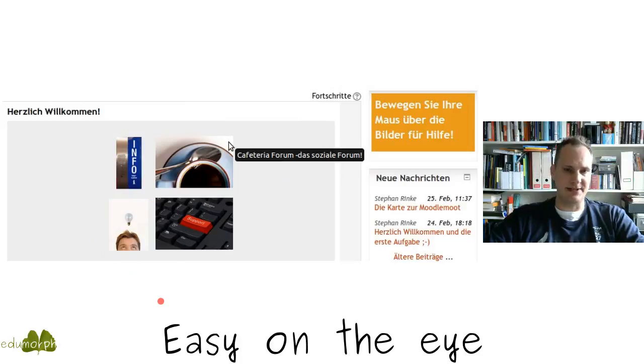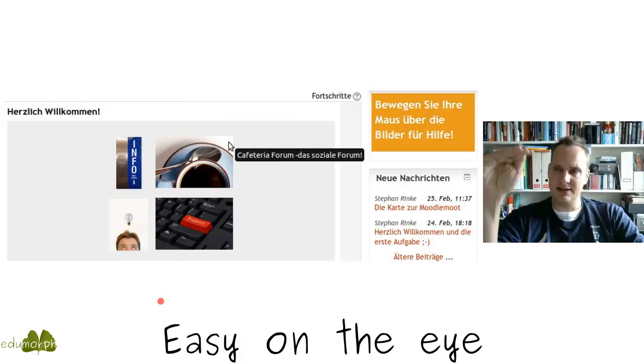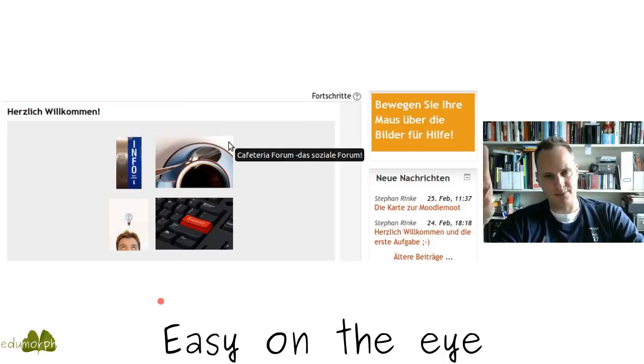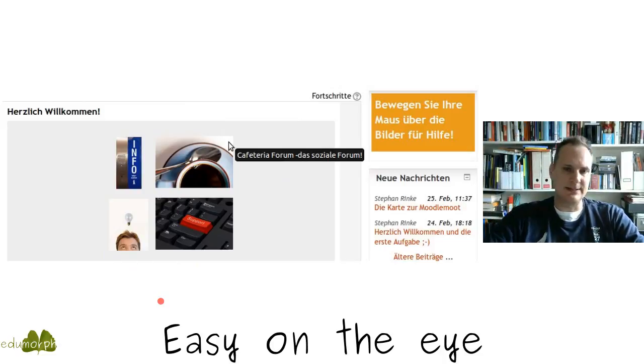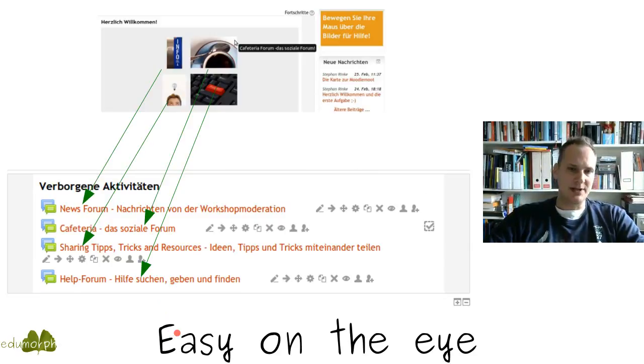So instead of having the forums and the activities just stacked up line by line on top of one another in Moodle, I've decided that the really important ones should be at the very top, represented by pictures. It's the same concept that I used on the navbar earlier on, only to be able to link to activities rather than sections, you've got to use something called orphaned activities, or unused activities now.